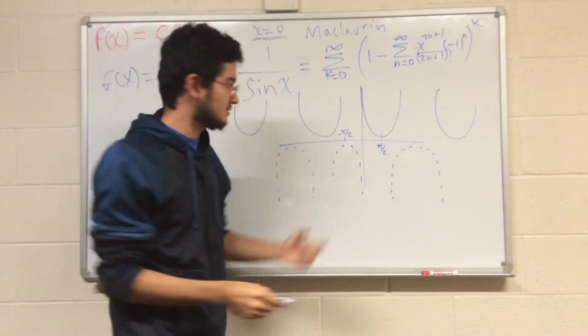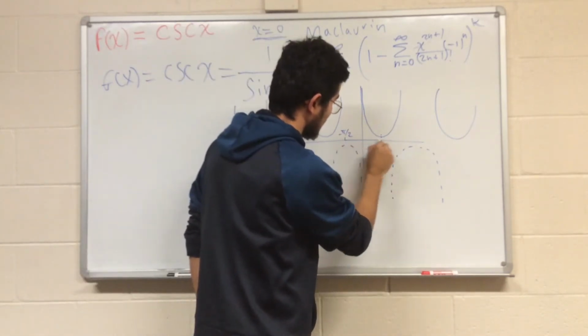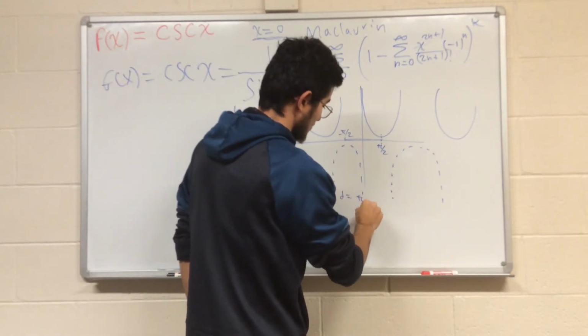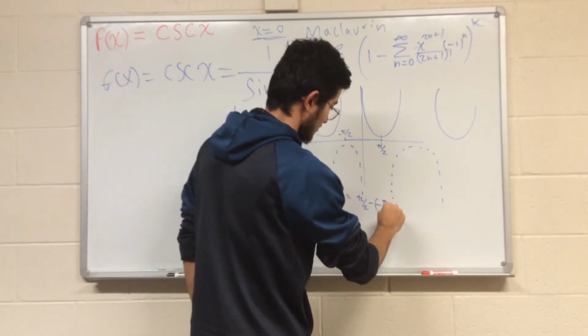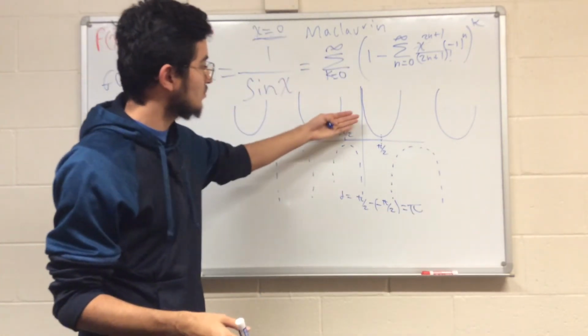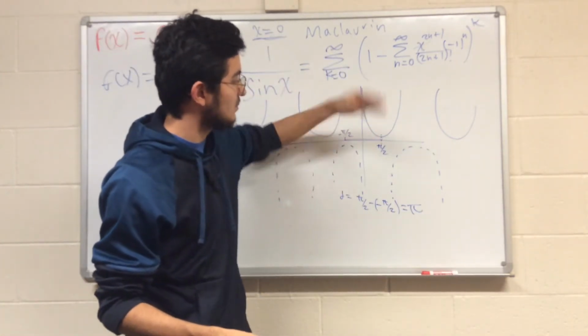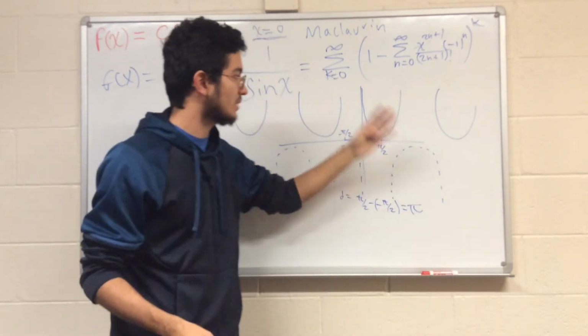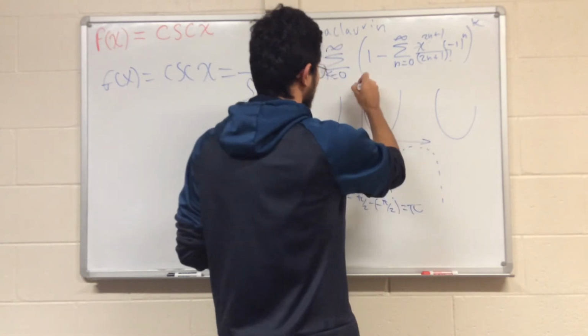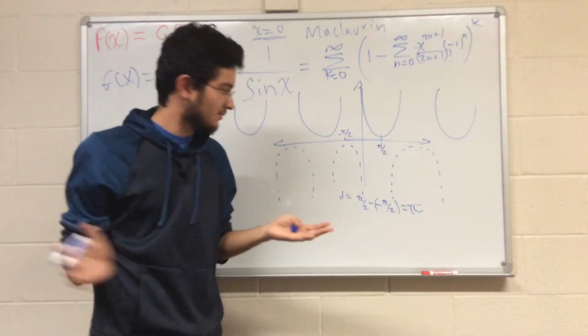So what is the x distance from here to here? We'll do d is equal to pi over 2 minus negative pi over 2, which is pi. And also, what happens when we want to bring this down? We want to reflect this graph across the x-axis. Well, that's basically a multiplication by negative 1.